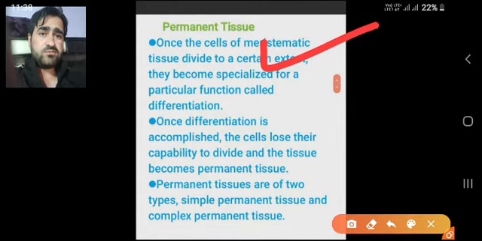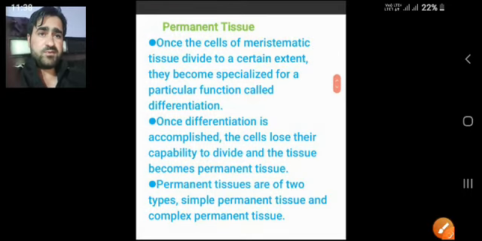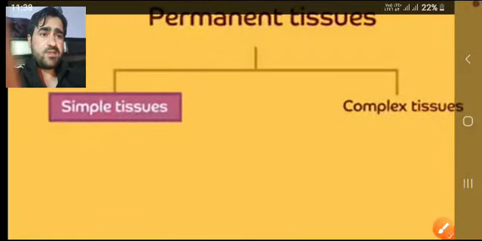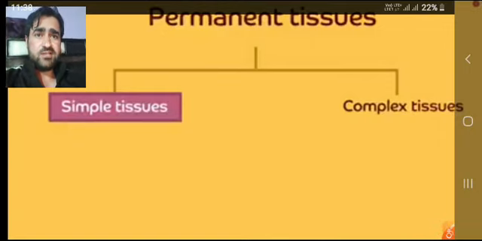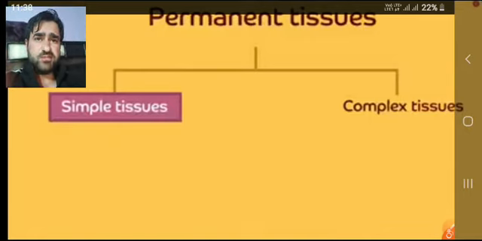Permanent tissue is of two types: simple permanent tissue and complex permanent tissue. In simple tissues, we have simple cells. We have cells that are thin or thick walled.